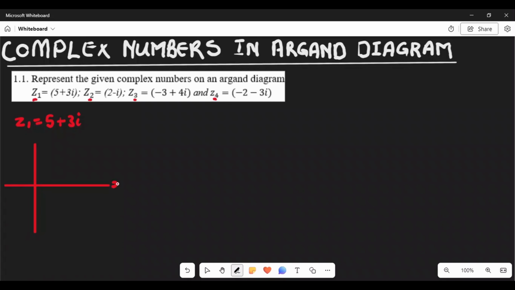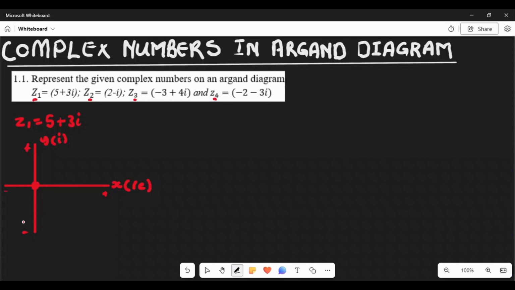This is going to be our x-axis, which represents the real number, and that will be our y-axis, which represents the imaginary number. This side here is positive and the other side is negative. On top here is also positive, underneath here it's negative.